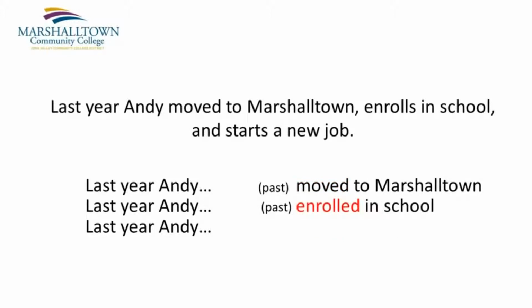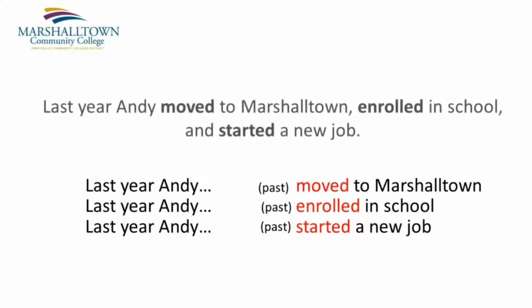Last year Andy moved to Marshalltown. Last year Andy enrolled in school. Last year Andy started a new job. Now let's put the sentence back together. Last year Andy moved to Marshalltown, enrolled in school, and started a new job.